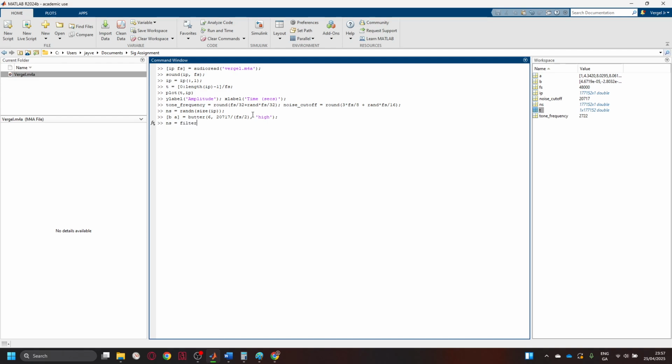And filter. Then we're going to create a signal, which is all of those combined, so the signal plus NS plus the tone. The tone here is multiplied by pi, multiplied by our tone frequency, which is 2722, multiplied by t.